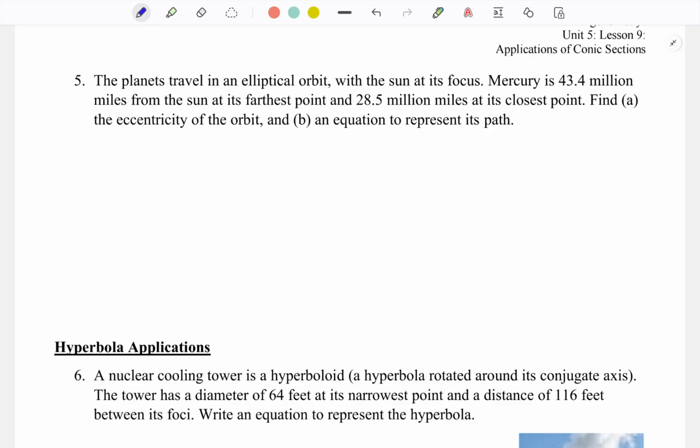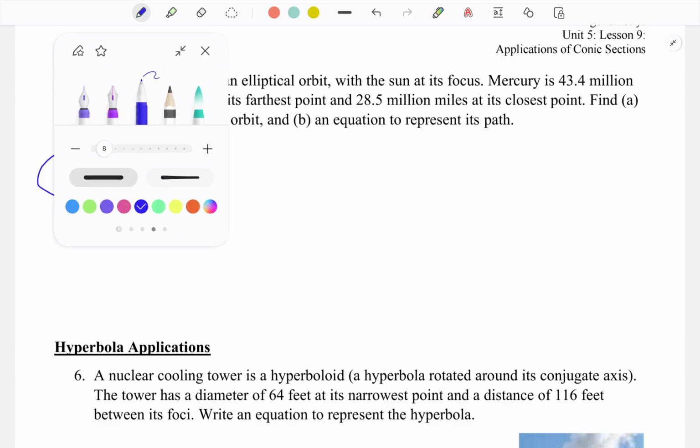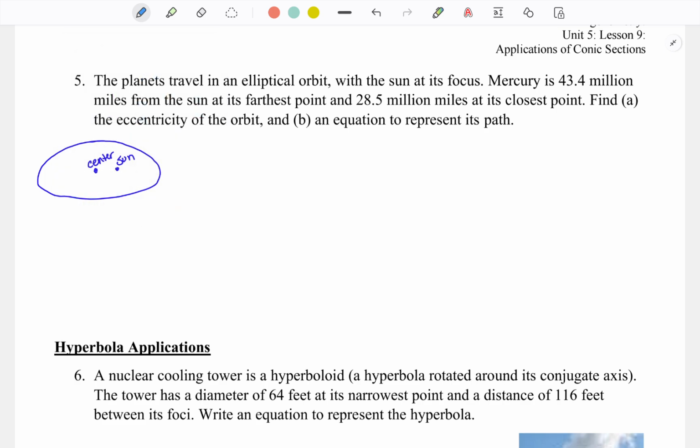So we are going to look at, see, so we have this ellipse. Actually, I'm going to make it a little bit wider. And so the sun is one of the foci, so it's not the center. And so at the closest point, the sun is 28.5 million miles from Mercury.